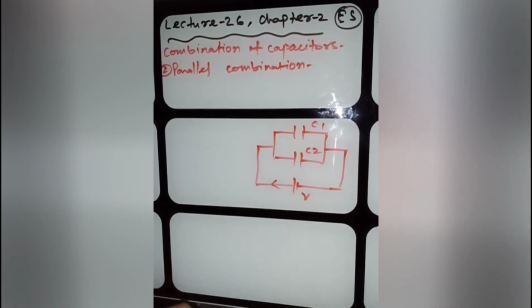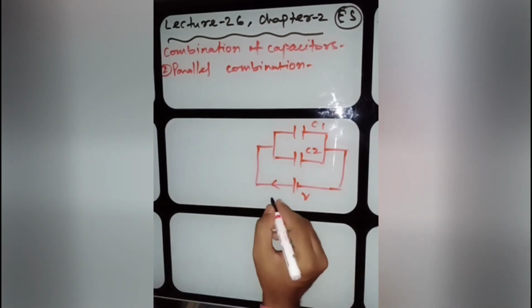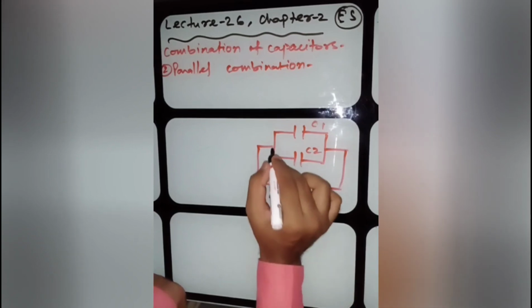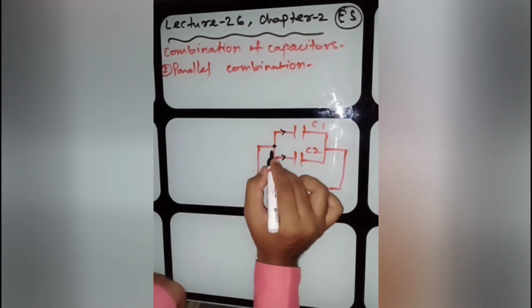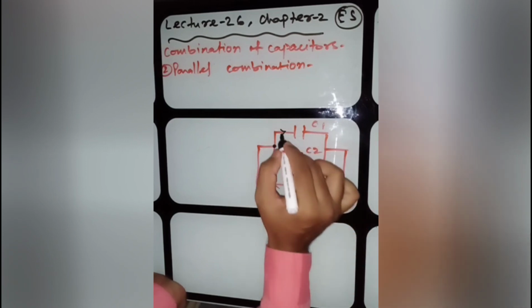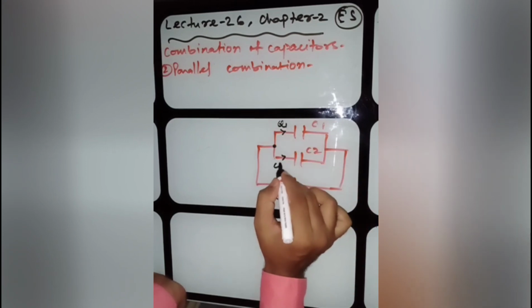Now the two will draw a charge Q. As this charge moves and reaches this point, it will break into two parts because charge has to move through both capacitors. Suppose it is Q1 and Q2.